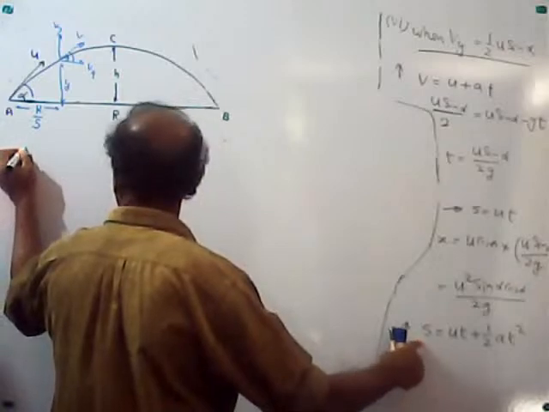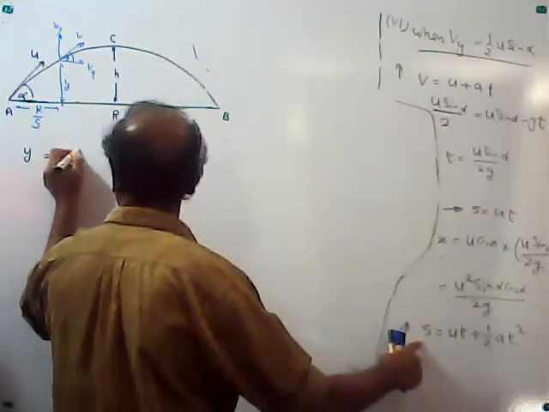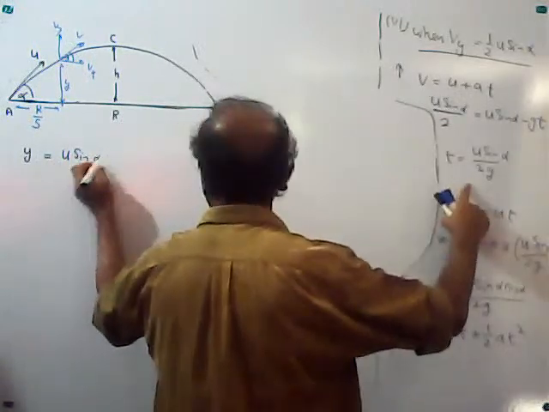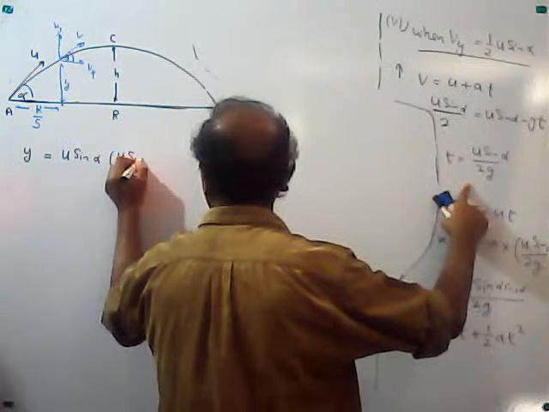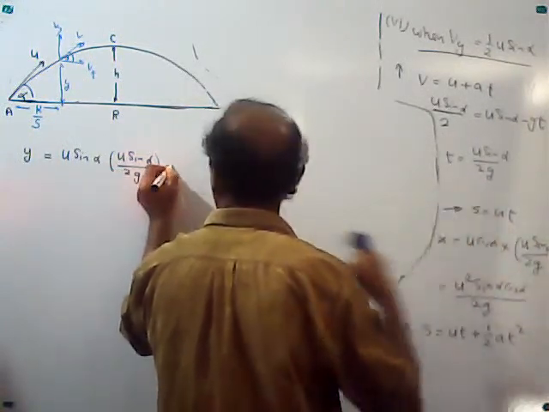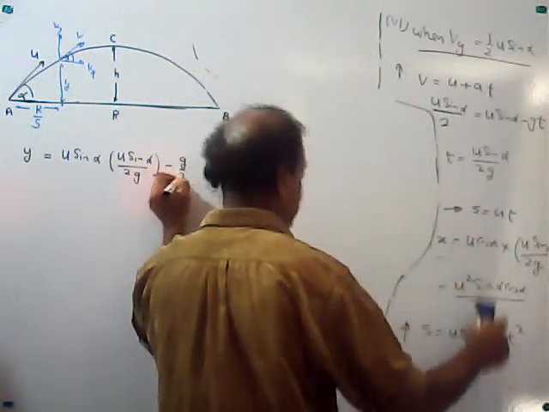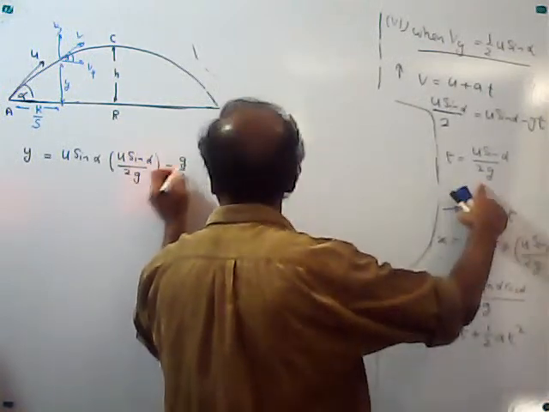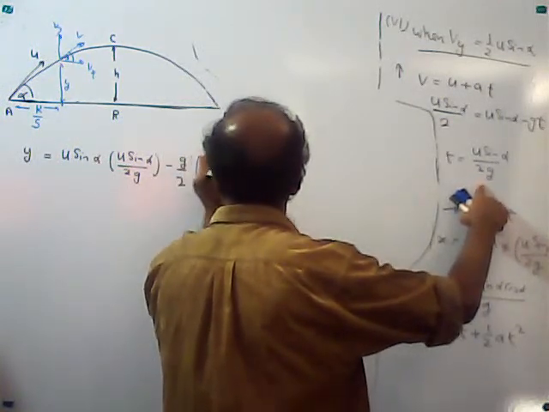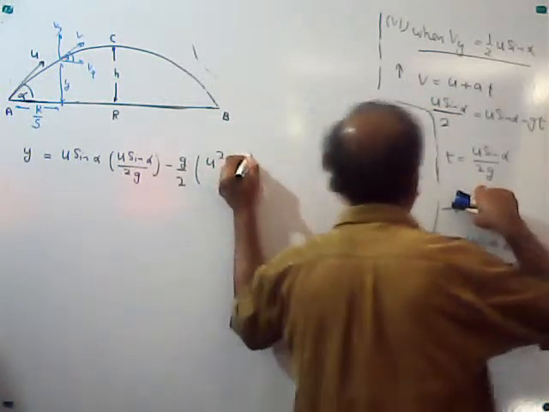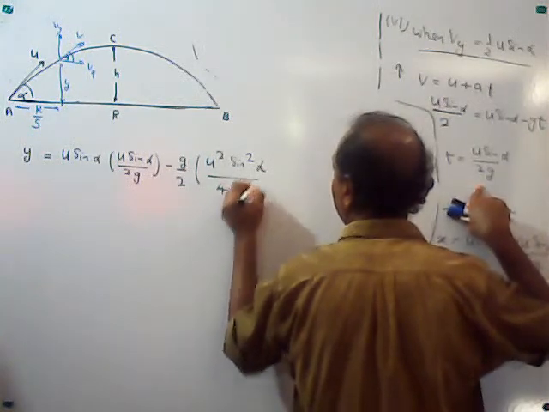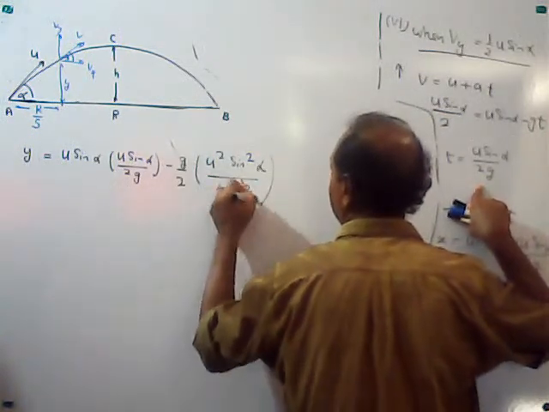S becomes y, u is u sin alpha, t is this, minus half g t squared, square of this, so that is equal to u squared sin squared alpha over 4g squared. G will get cancelled.